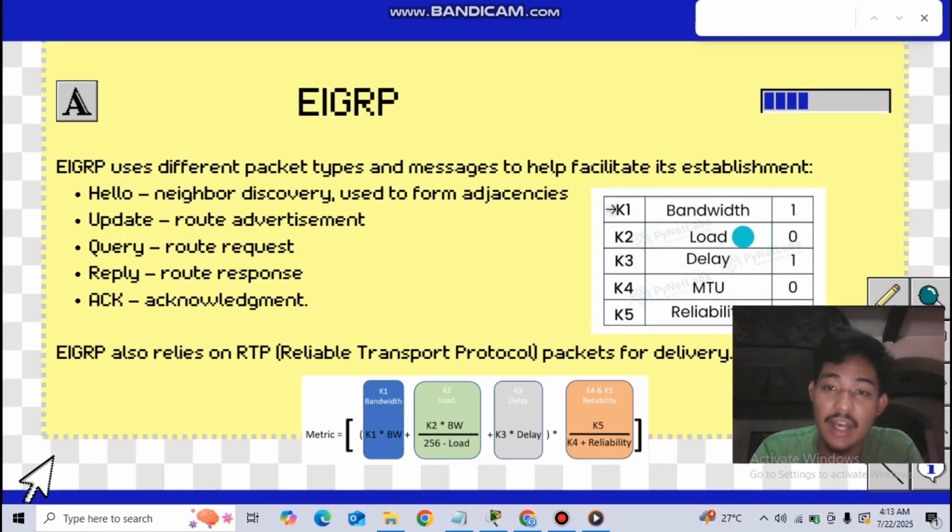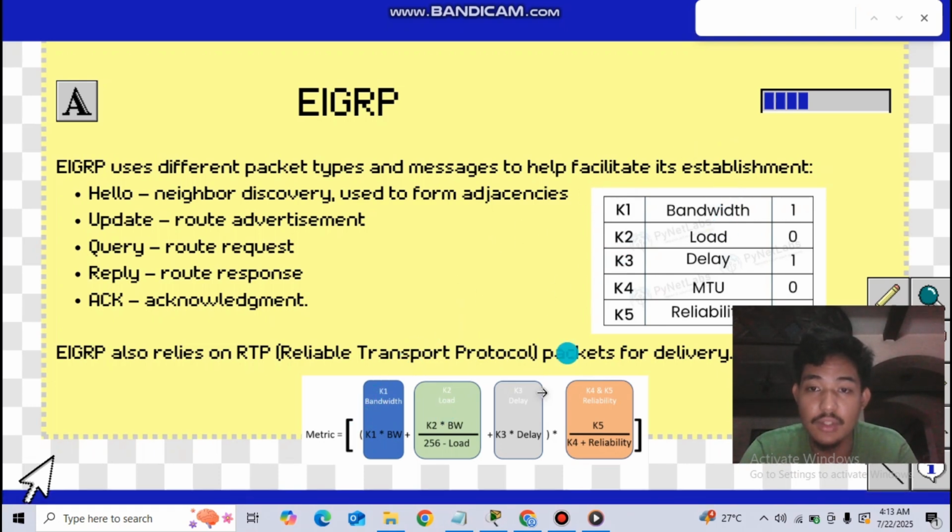And over here we have a few images that basically show the mathematical equation and the constants needed for the calculation of EIGRP. So this is basically a metric to determine the EIGRP of a certain network. So we have bandwidth, load, delay, and reliability. K1 is bandwidth, it must be 1.